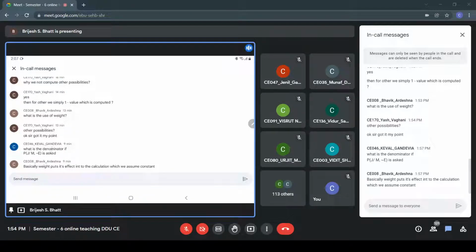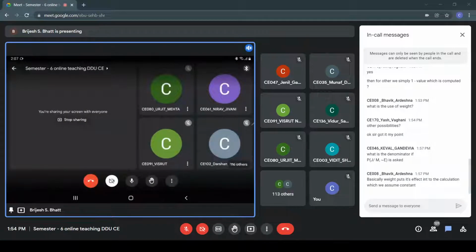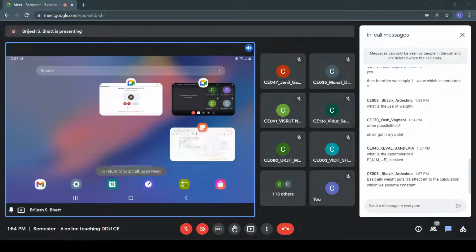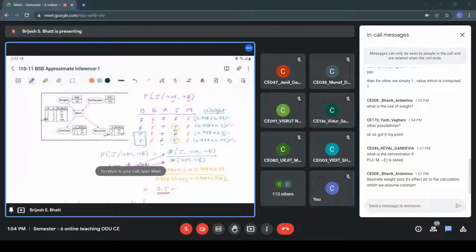And Keval says, what is the denominator if the question is the probability of J given M comma not E. Okay, if it is M comma not E, then the denominator will have M equal to true. Instead of this false value, M will be true in the denominator as well as in the numerator.